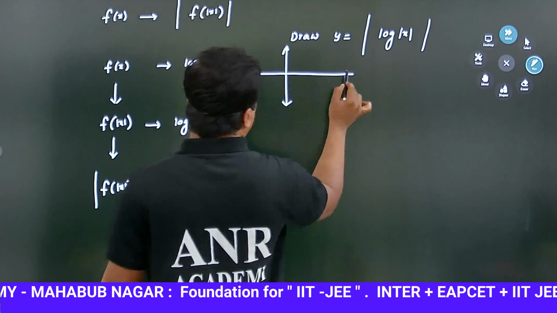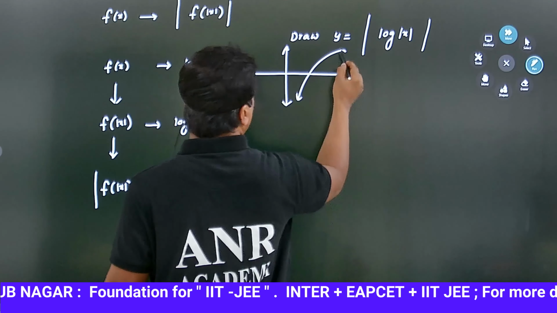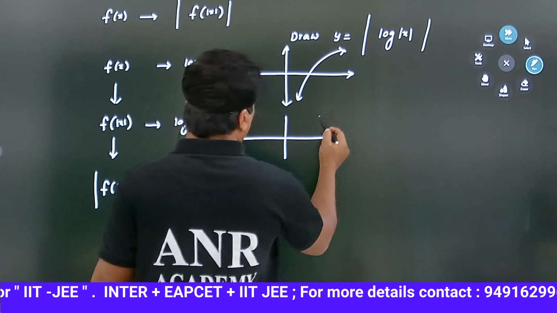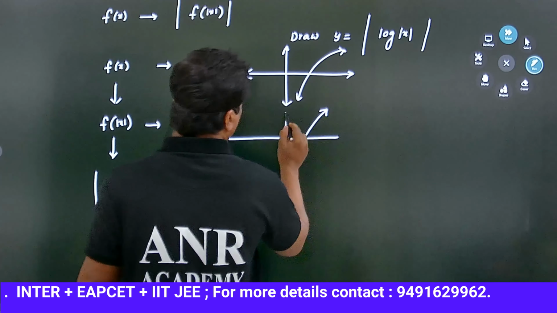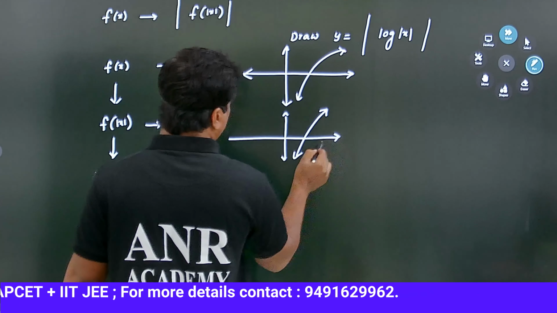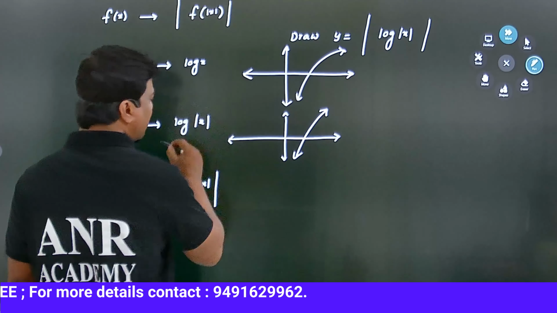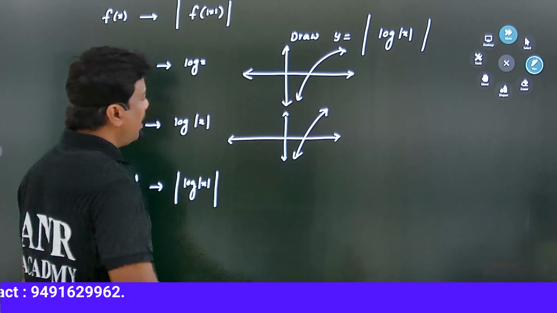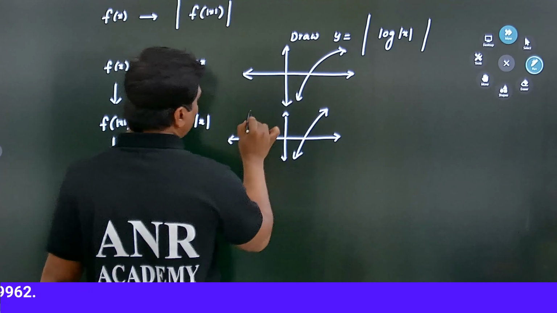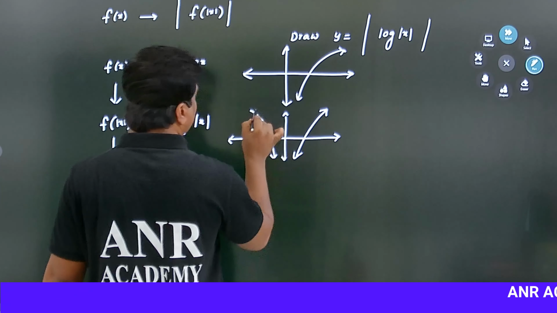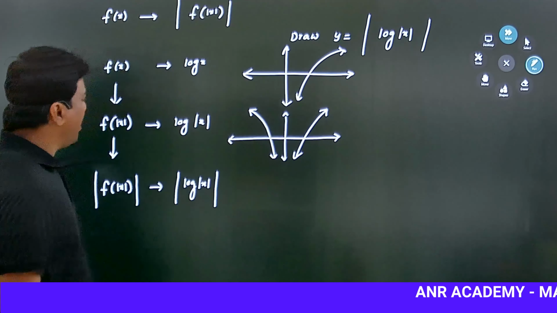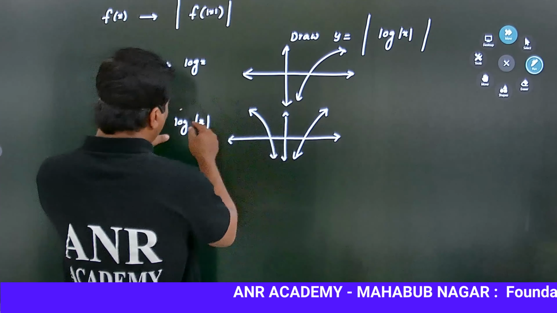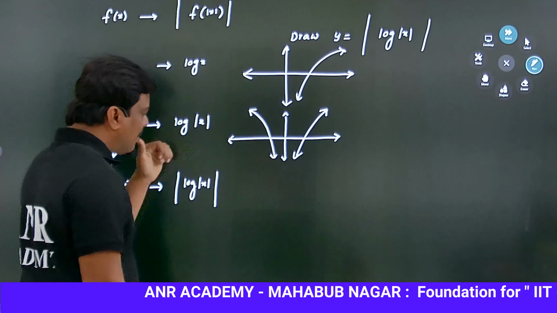You know the graph of log x, this one. Next, log mod x. Just now we discussed about f of mod x. If the graph is on the left hand side, you have to neglect it, and the same right graph you have to reflect in the left hand side, this one. Next, modulus of log of mod x, for which we are going to apply the modulus sign.